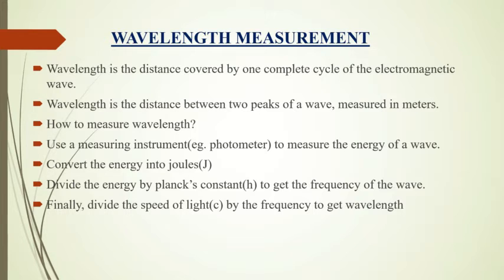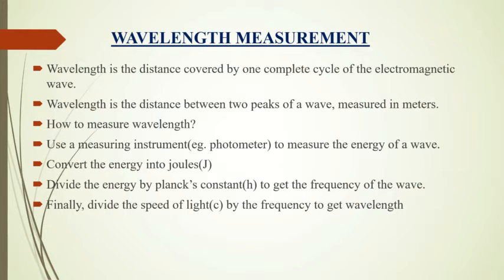Then divide the energy by Planck's constant, whose symbol is usually h. So we divide that energy by that constant to get the frequency of the wave. That is, energy is equal to hf, or hc over wavelength. So finally we divide the speed of light by the frequency to get the wavelength.